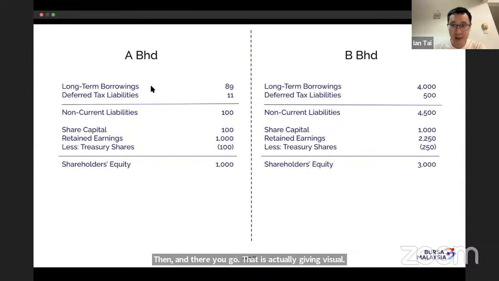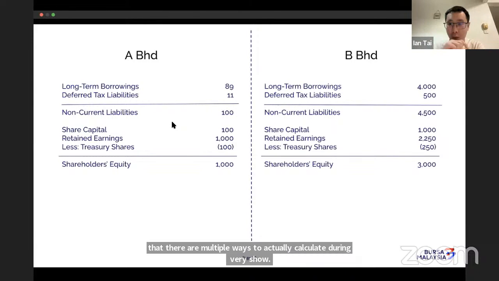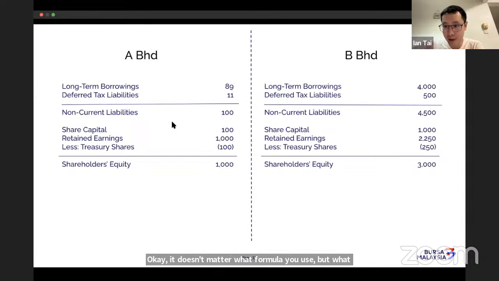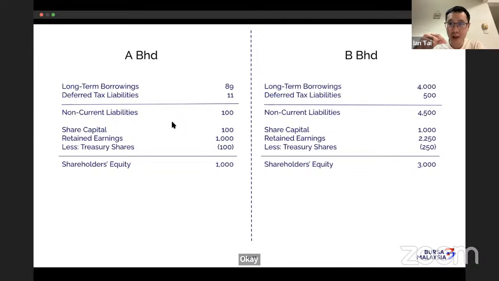Okay. So before I continue, I just want to let you know that there are multiple ways to calculate gearing ratio. It doesn't matter what formula you use, but what is important here is to find out the pattern. Because at the end of the day, a gearing ratio of, let's say, X%, may not be that meaningful if it's not accompanied by multiple years of this kind of finding.